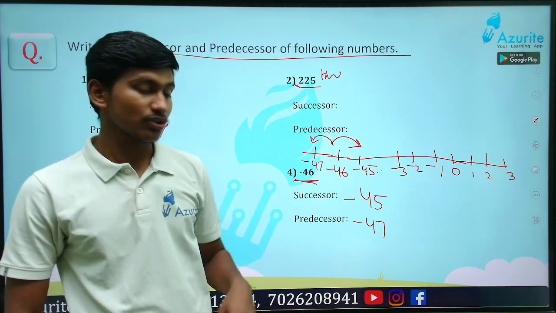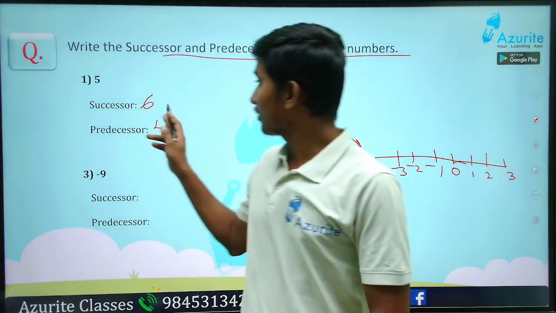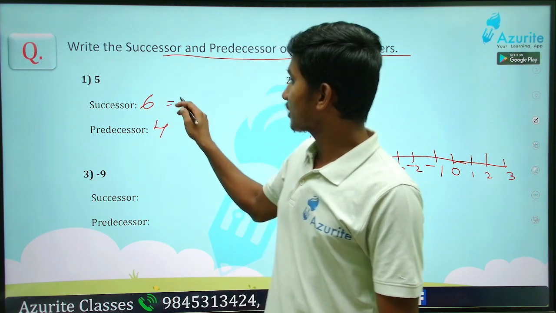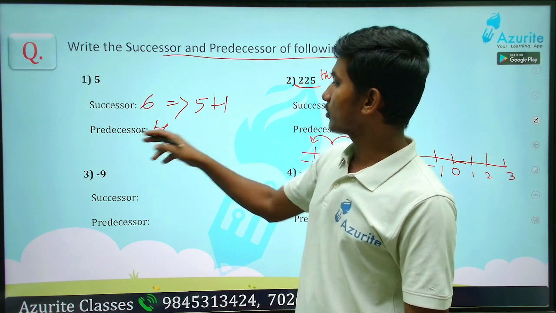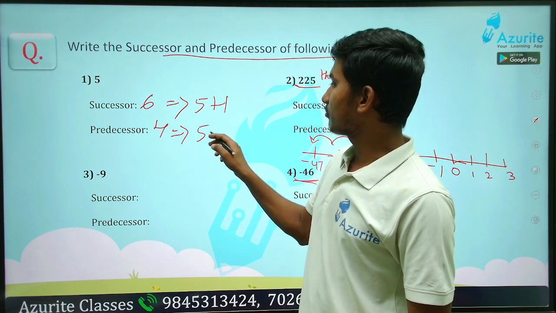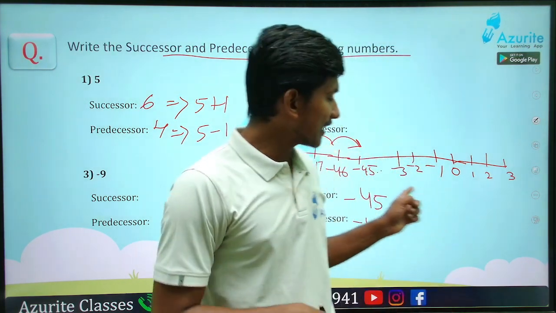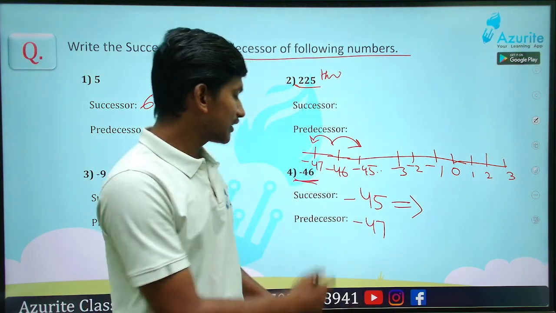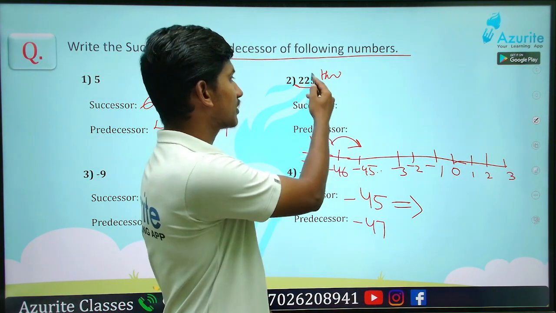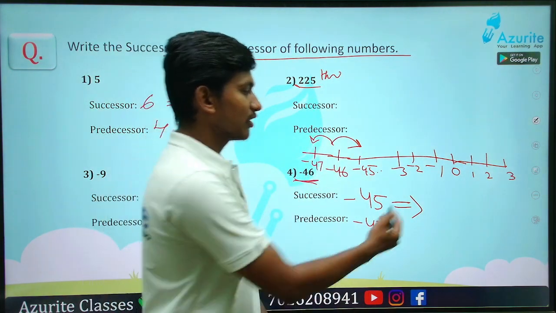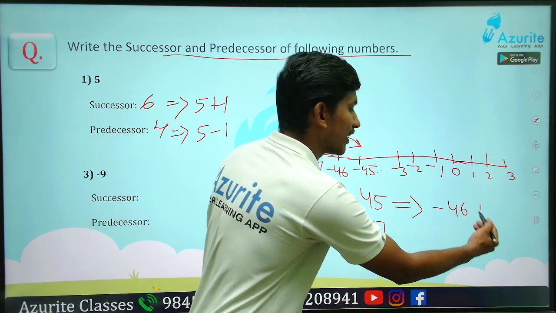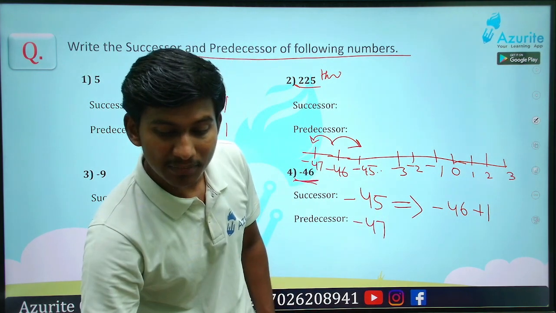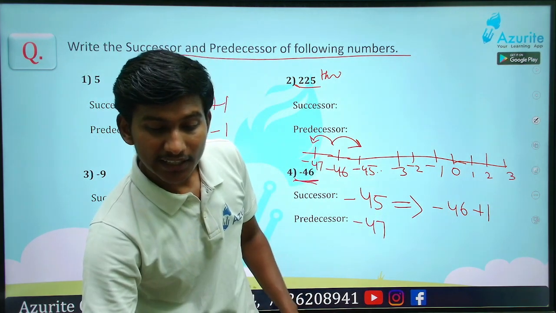Now how to do this? Let us see. For the successor we add 1, right? That is 5 plus 1, I will write it here. For the predecessor we subtract 1. The same thing let us do here. The number was minus 46. To that if you add 1, what will happen? Minus and plus, there are different signs, so it will be minus.